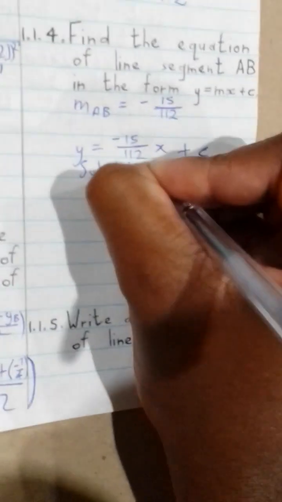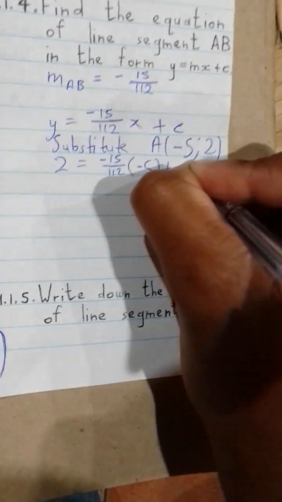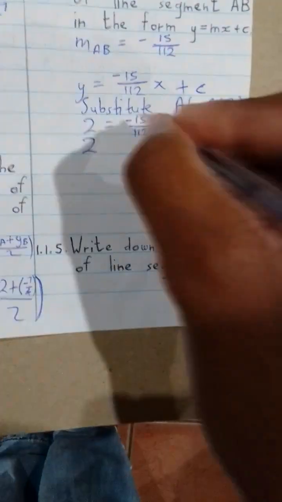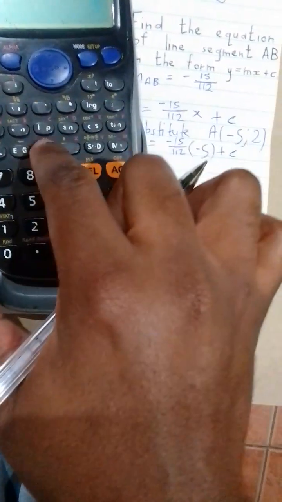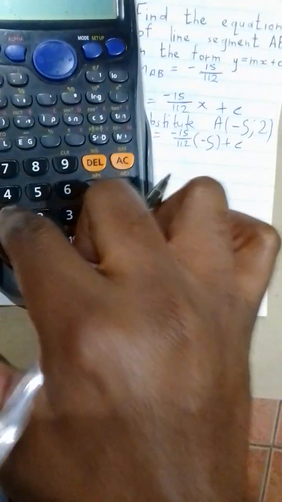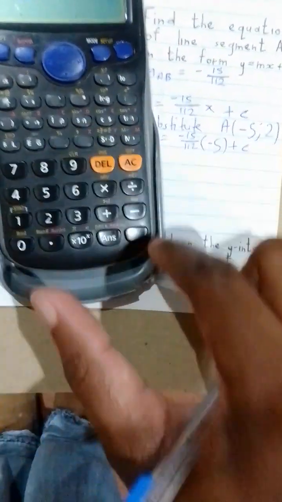Then let's just substitute A because it has no fractions. x is negative 5, y is 2. 75 over 112 goes to the other side, it becomes minus 75 over 112.